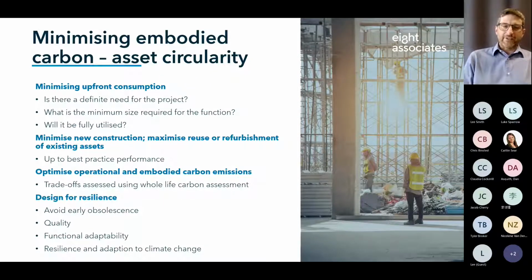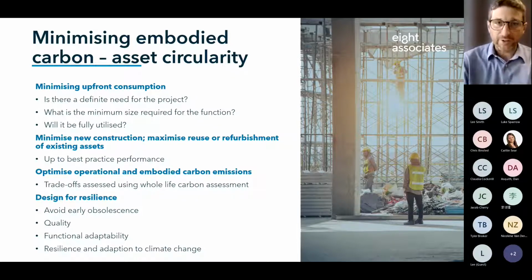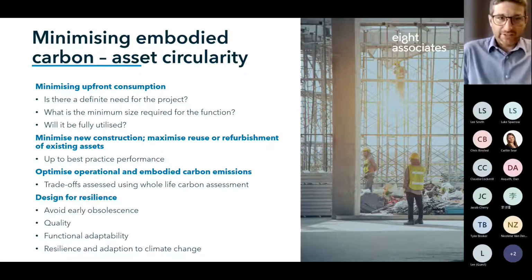But each of those things means more new materials, so it means more embodied carbon emissions, and you don't really know at what point you're going to get the payback for the emissions from the products in terms of energy efficiency. So that's what you use whole life carbon assessment for. You can start to answer some of those questions.